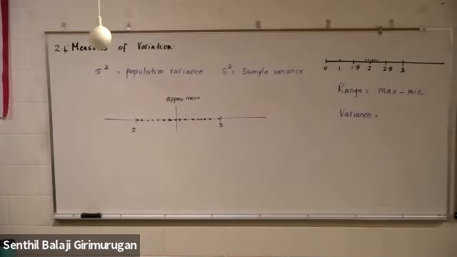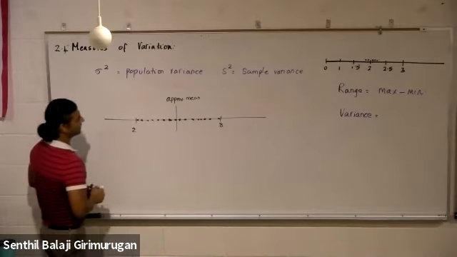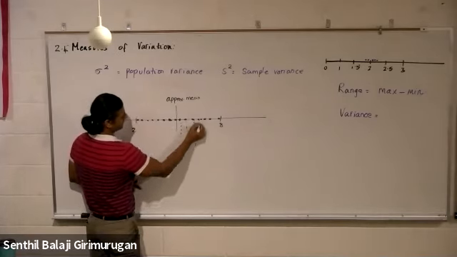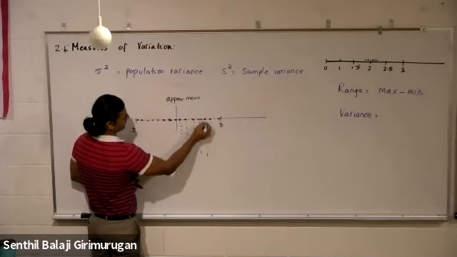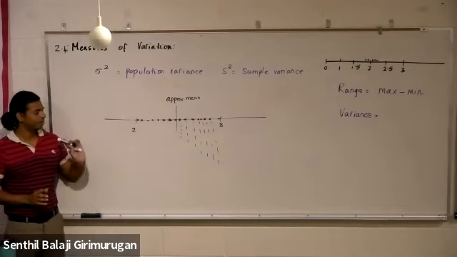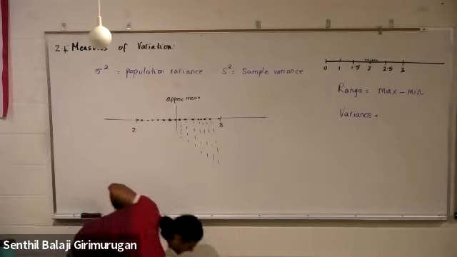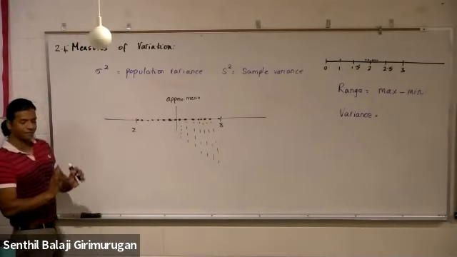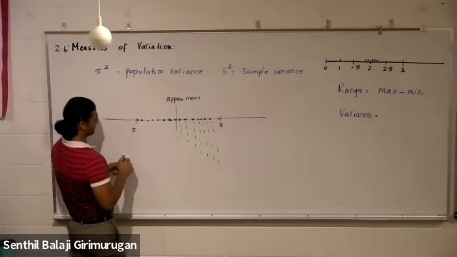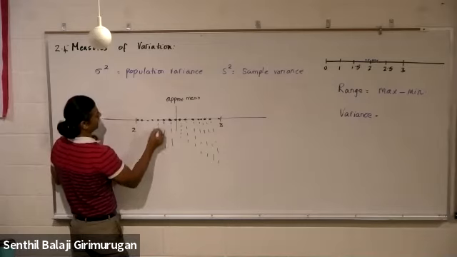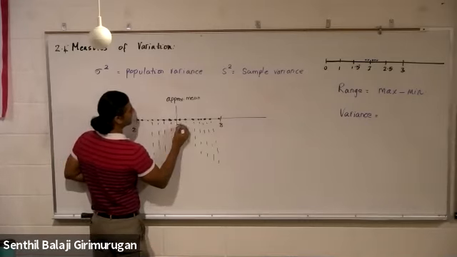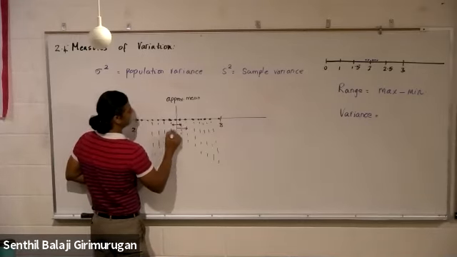The way variance is calculated is to find something called the deviation. We're going to use the calculator and get the answer, but you have to understand what it means. So on both sides, we're simply going to measure how far each observation is from the center.